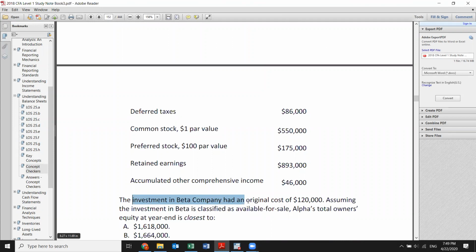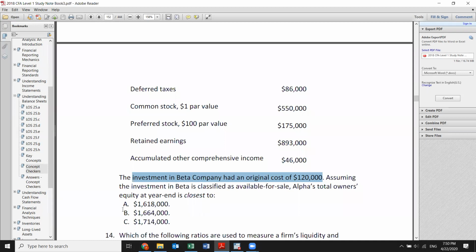The investment in Beta Company had an original cost of $120,000. Assuming the investment in Beta is classified as available for sale, Alpha's total owner's equity at the end of the year is equal to this amount. So we need to calculate the total equity first of all. We need to classify which items are equity, then sum them.